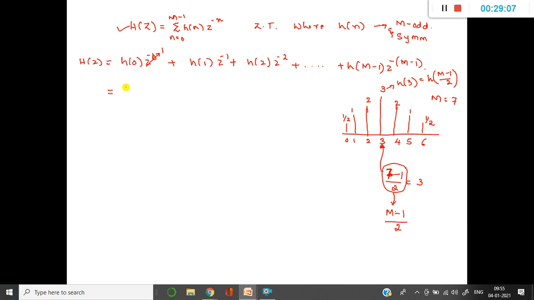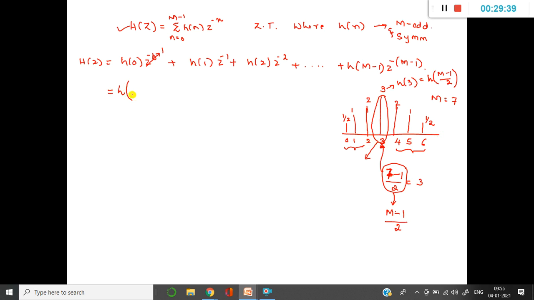Now I try to separate this. Since we are going for a symmetric nature, we take the middle term outside, and then split my summation into the first 3 samples and the next 3 samples, which means the first half samples and the next half samples.